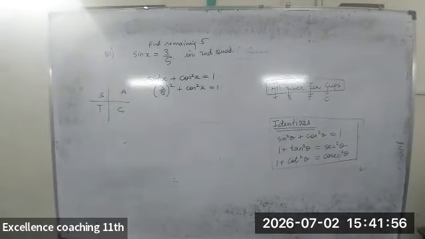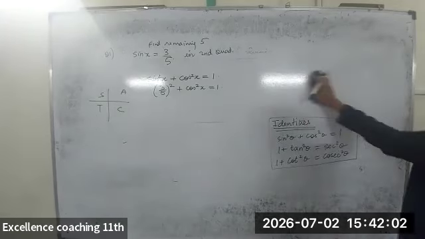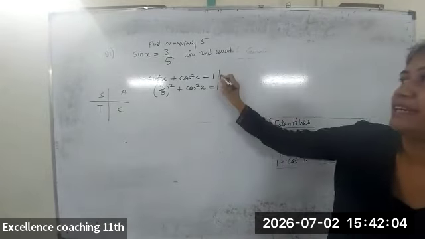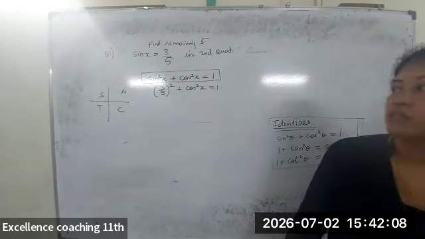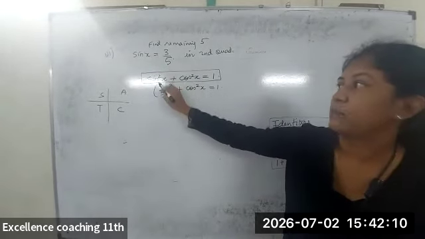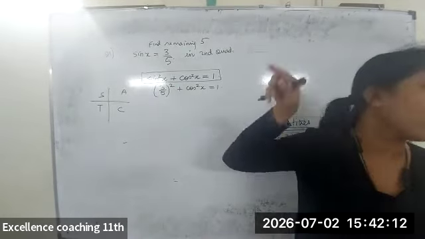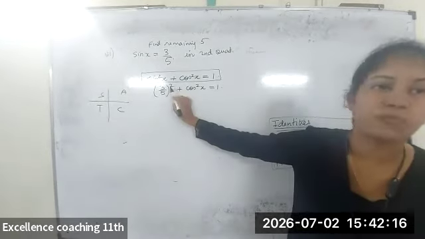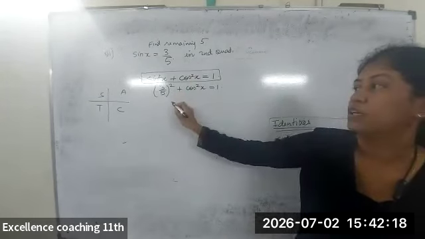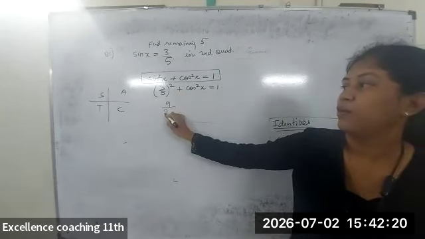After that, you use your method. So this identity everybody knows. So I'm using that identity. So instead of sin x, I'm putting 3 by 5. Since there is square, it will be whole square. So now you know this square belongs to 3 also. This square belongs to 9 also. So 9 upon 25.